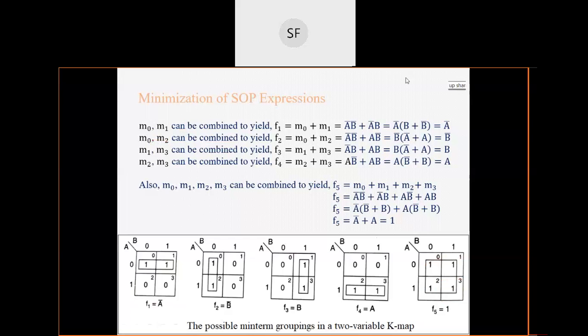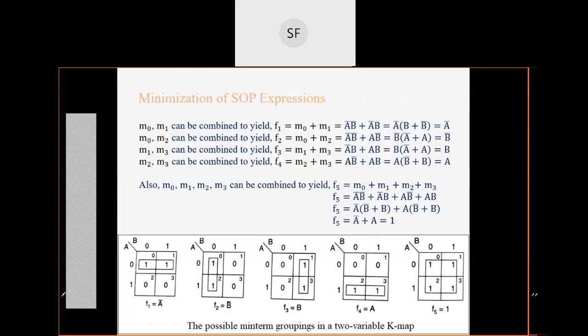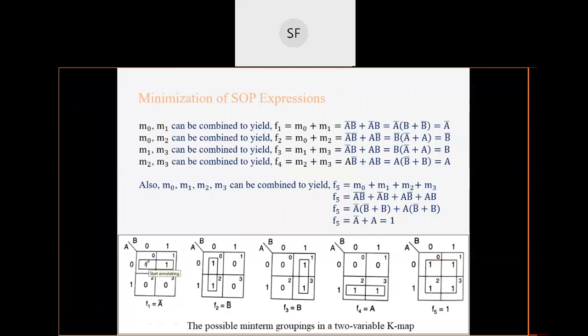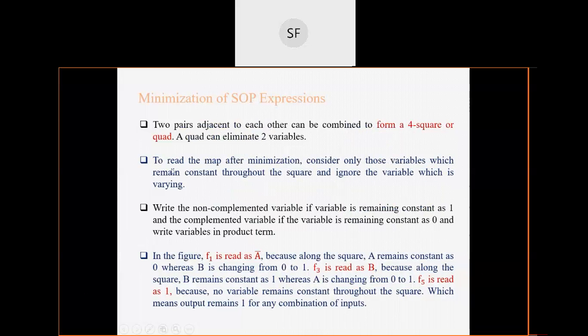Okay, और जब दो adjacent cells combine करते हो तो that is called a pair. So this is a pair, this is also a pair, this is also a pair, and this is a quad. Okay, to read the map after minimization.